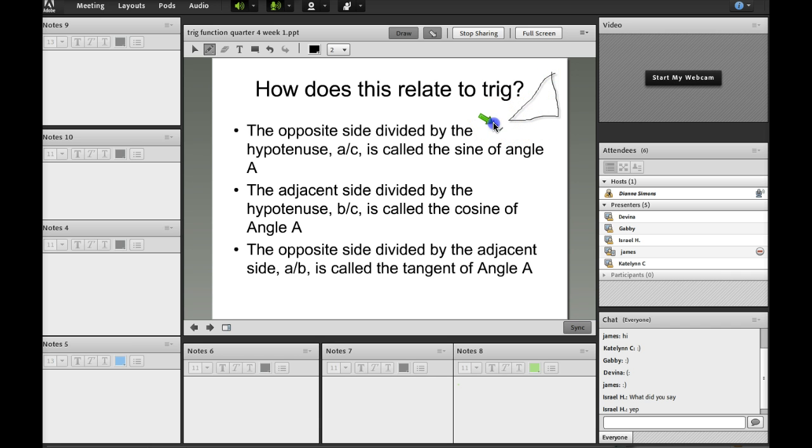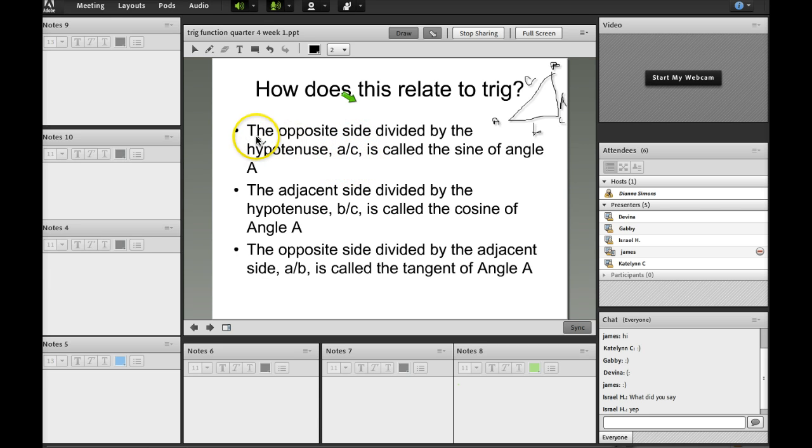If this is angle A, this is angle B, this is angle C. The side opposite the angle, this is side A, side B, side C. You might not be able to see it so well, but that'll help you when we talk about these sides.